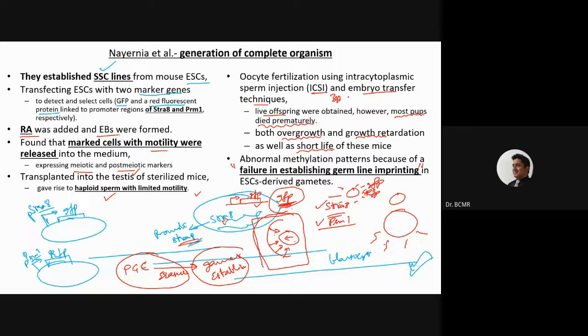And so the erasure and establishment of the imprints is not happening as per our desire. Therefore, the offspring they have formed is a huge step forward, but it is not a perfect step. There are so many things that we need to relook at to get imprinting in a better state.